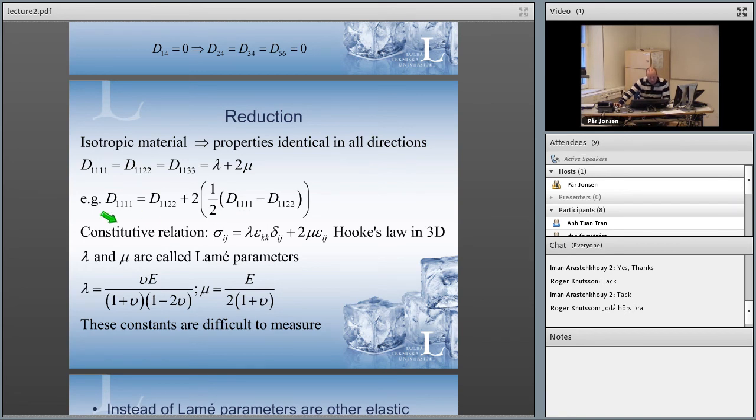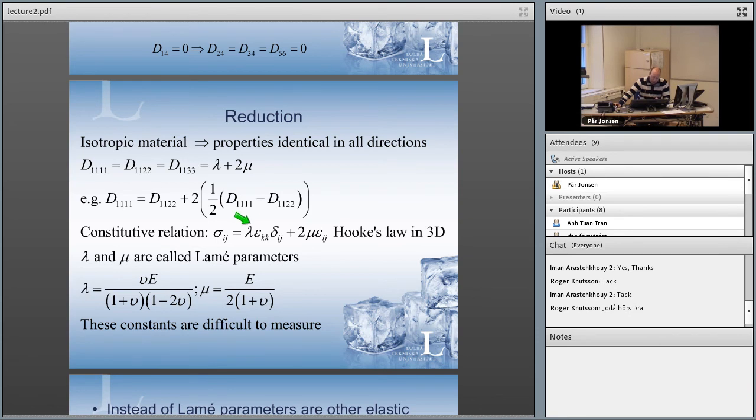This is just a simple change here. Because you know these are equal, you can just write it like this. And from this evaluation, if you look at the full properties of the stress tensor, you have lambda, epsilon kk, Kronecker delta, and you have 2 times mu, and the strain tensor.